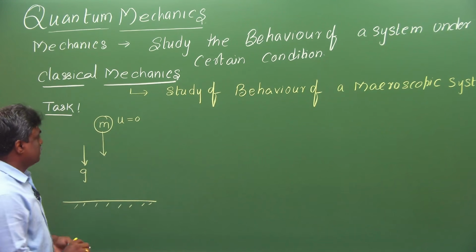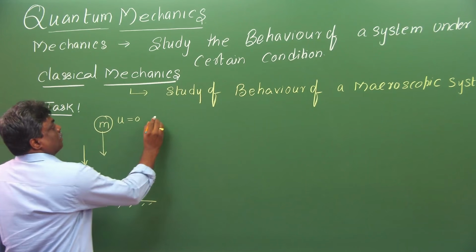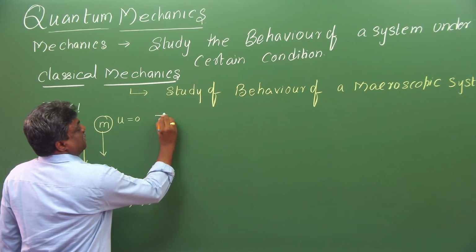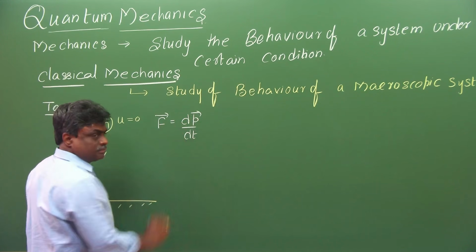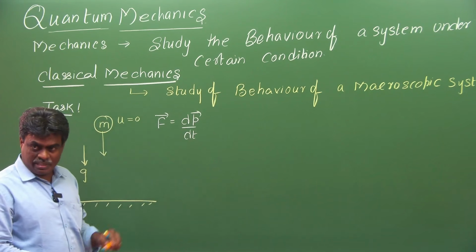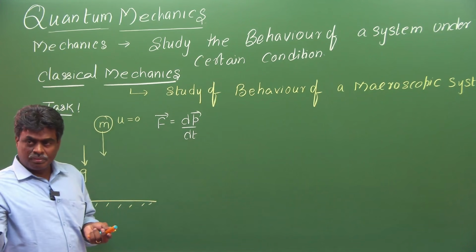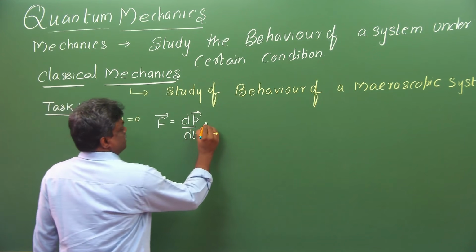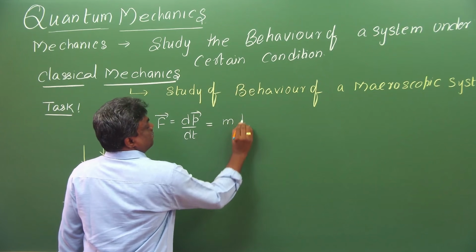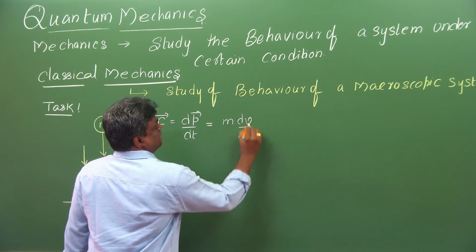Okay, good. And after that, could you please tell me what is the equation here? F bar equal to dp by dt. Rate of change of momentum is nothing but the force. This is Newton's law of motion. This is nothing but m dv by dt.